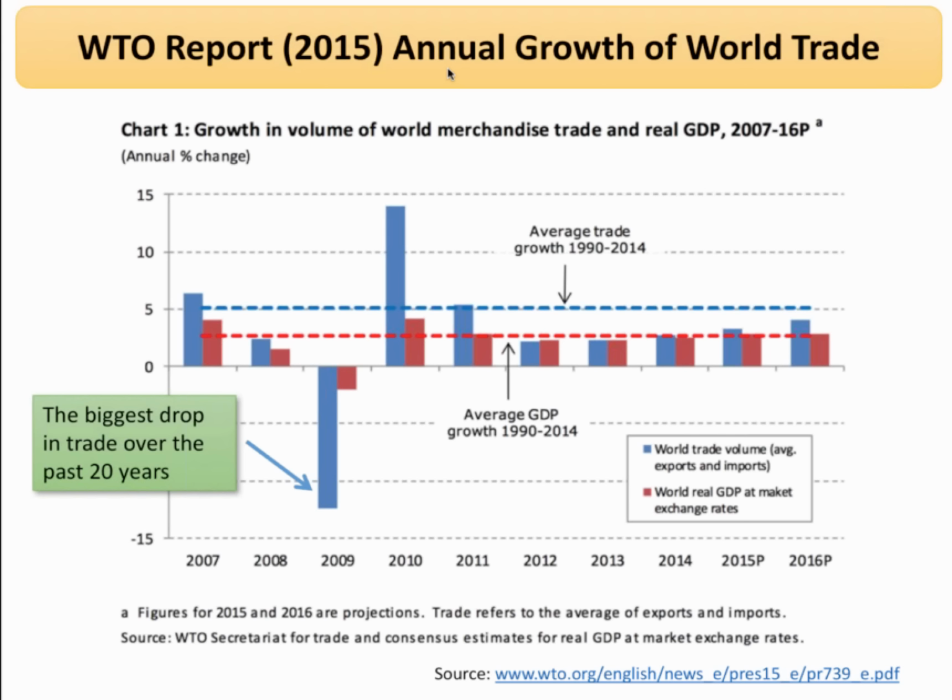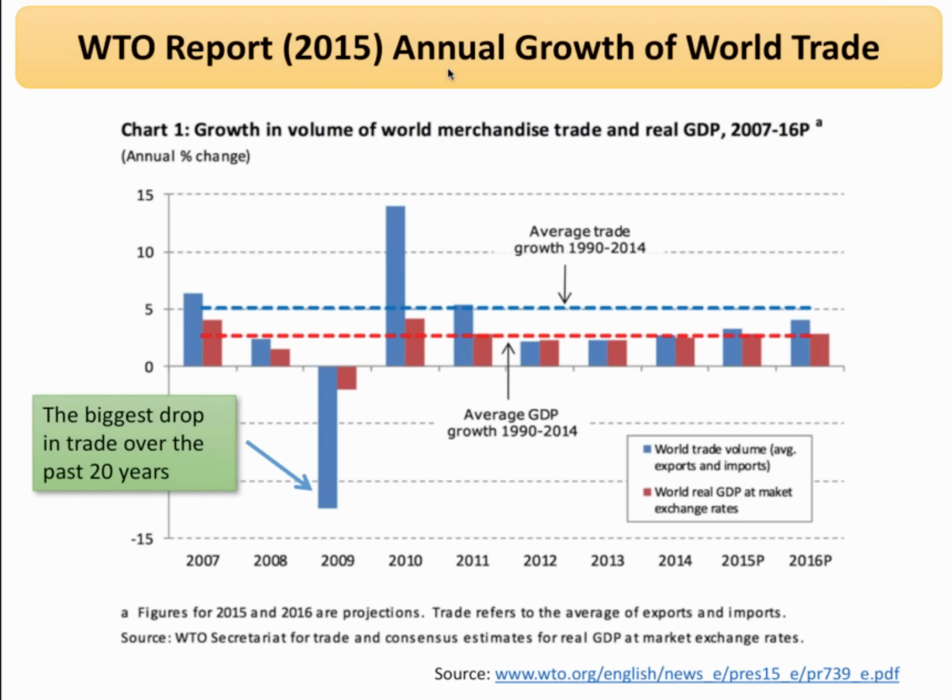You can see from this chart that in 2009, we saw the biggest actual fall in world trade for 20 years. The world trade in goods and services fell by 12% in 1 year. They recovered pretty quickly in 2010, which is just a rebound, I suppose.